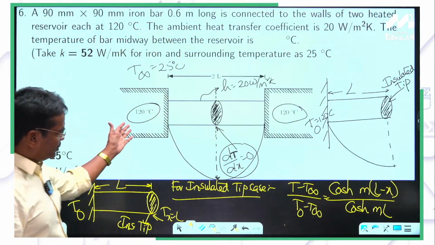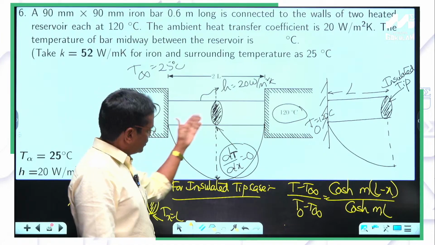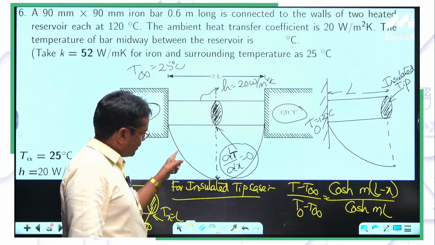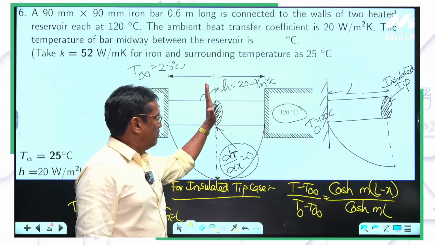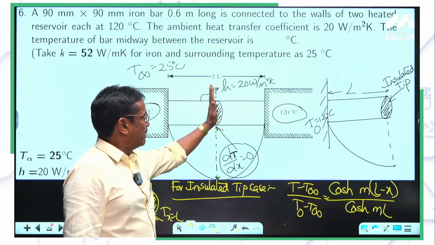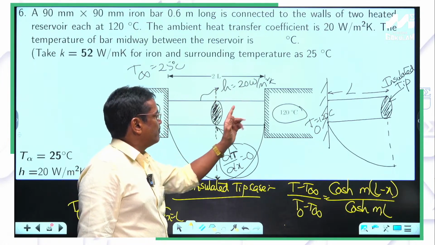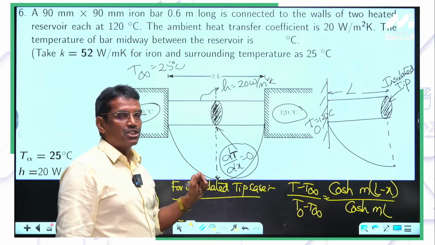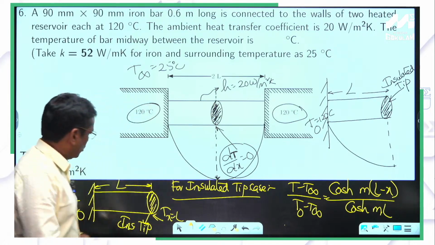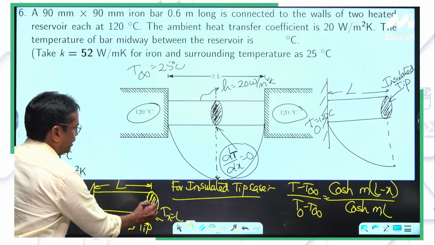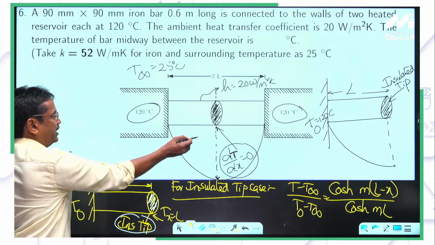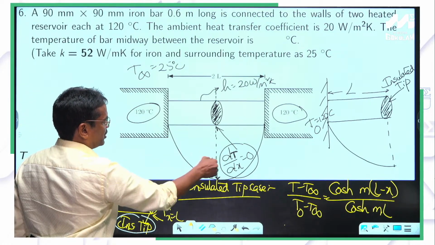I will explain once again the concept. A fin is connecting two reservoirs which are at the same temperature. Therefore, the temperature profile will be symmetric about the mid plane. We need to calculate the temperature at the mid plane. Now, if we just cut it off and remove that, this mid plane can be considered the new configuration. The mid plane will become the insulated tip case, because there dT by dx is equal to 0 since the temperature is minimum.